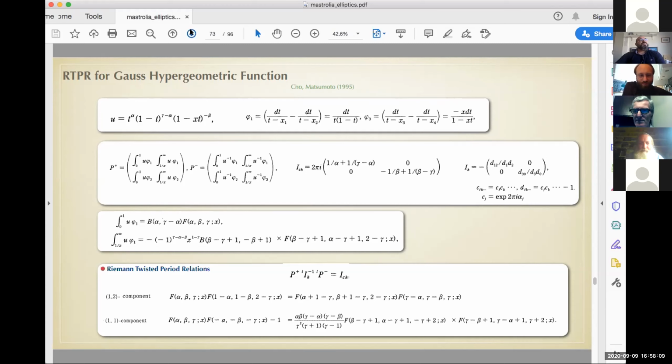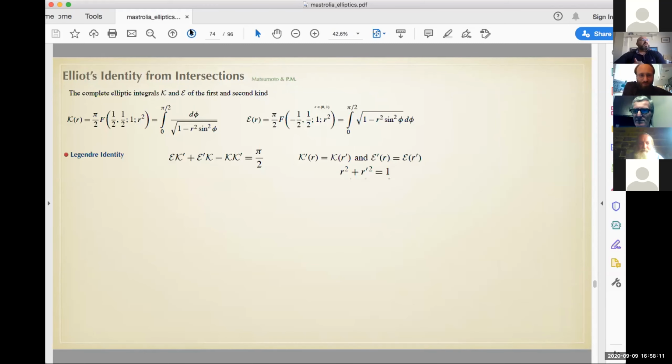When I saw this formalism, I was caught up by the possibility of applying this to elliptic integrals, and in particular to the complete elliptic K and E functions.